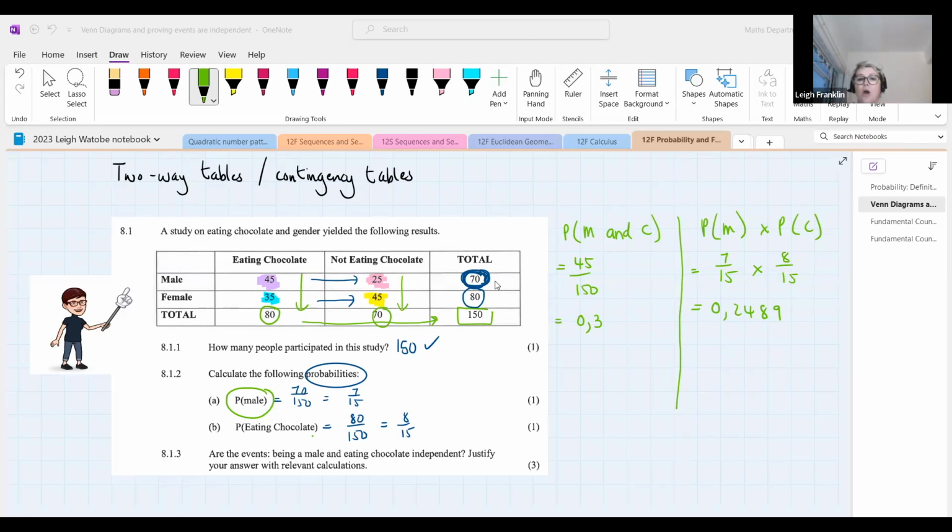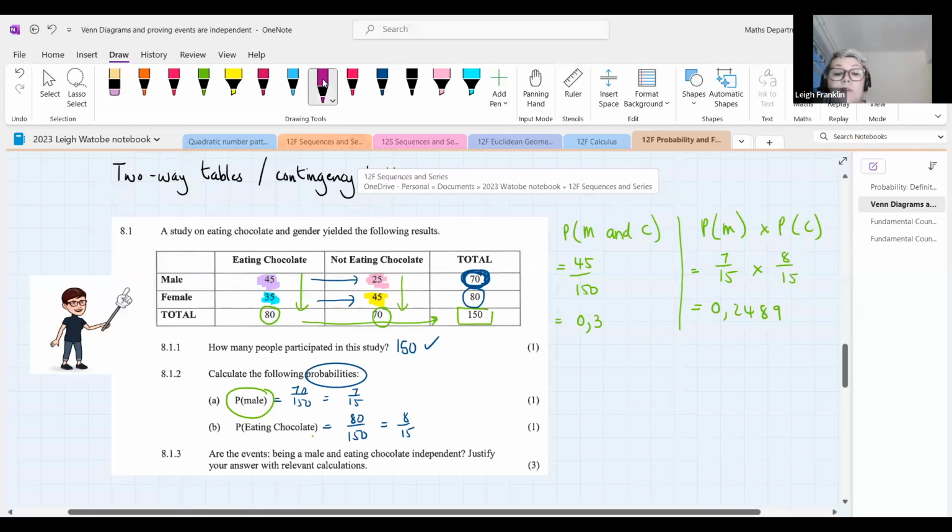Now we look at our two answers. Are they the same? No, they are not the same. Good thing we didn't write that they were equal to one another because they're not.